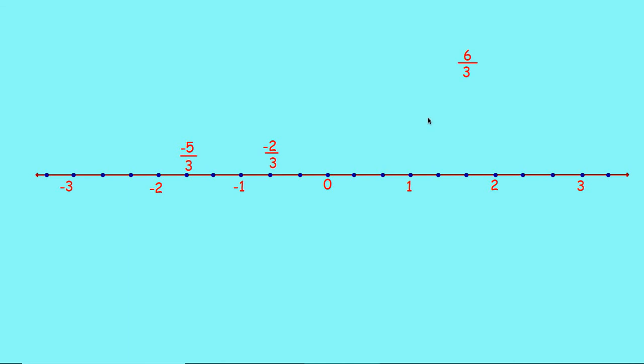Then what about 6 by 3? Take 6 divisions, 1, 2, 3, 4, 5, 6. That is, 6 by 3 will be here. You know 6 by 3 is equal to 2. So in this way we have to represent any rational number on a number line.